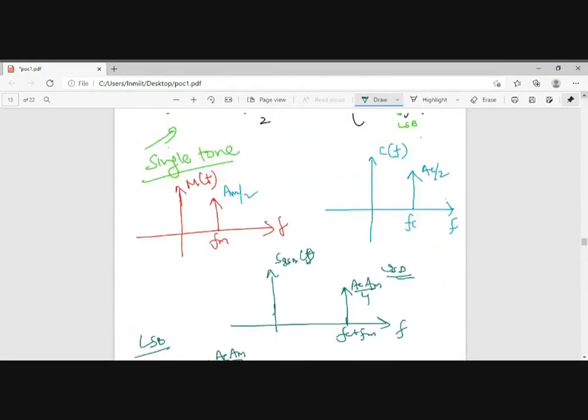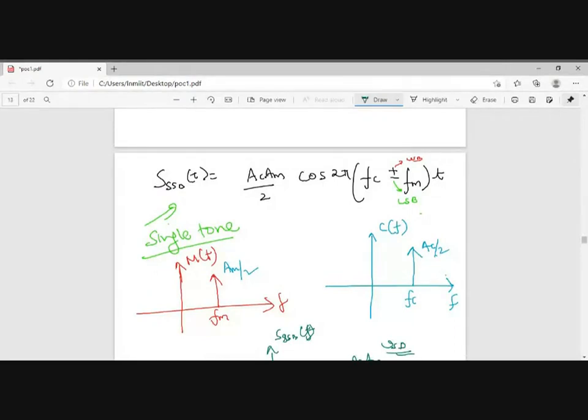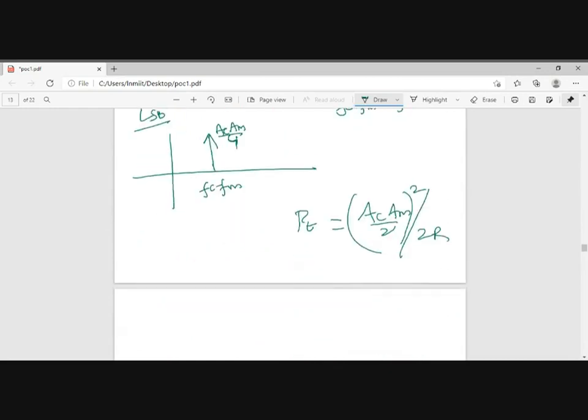How will you calculate the power? This is a sinusoidal signal with this amplitude, right? So power will be Ac square Am square by 32R.